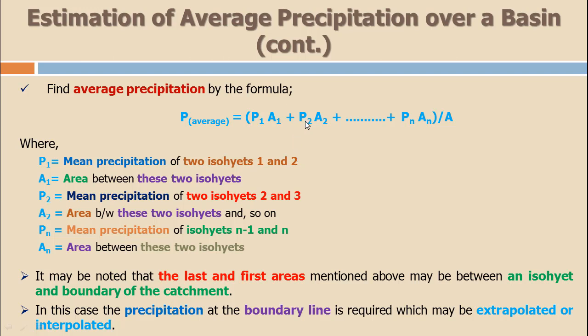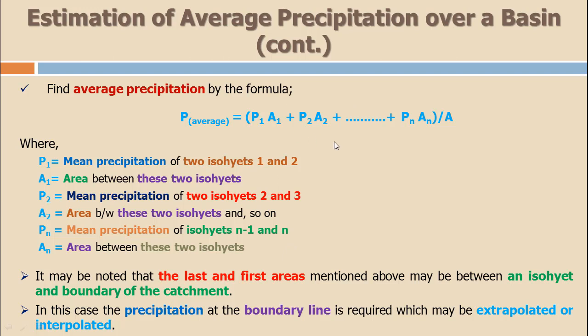Similarly, P2 will be the mean precipitation of isohyete number 2 and isohyete number 3, and P3 will be the mean of isohyete number 3 and isohyete number 4. Similarly, Pn will be the mean precipitation of isohyete number n-1 and isohyete number n.